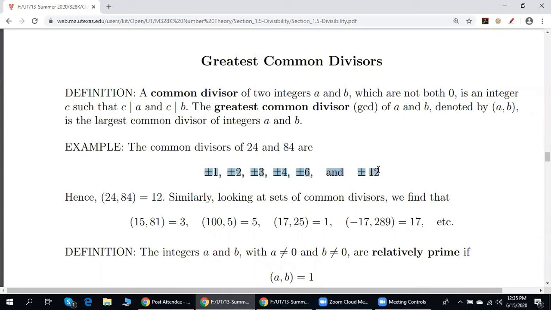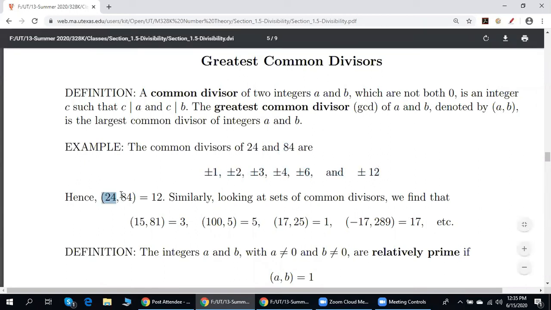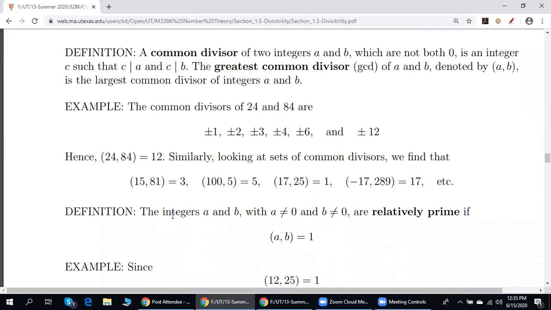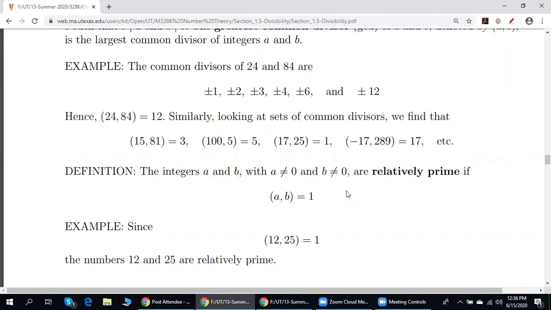Looking at what is written here, the greatest common divisor, which we denote by (24, 84) in parentheses, is 12. Similarly, greatest common divisor of 15 and 81 is 3, of 105 is 5, and so on, guys.